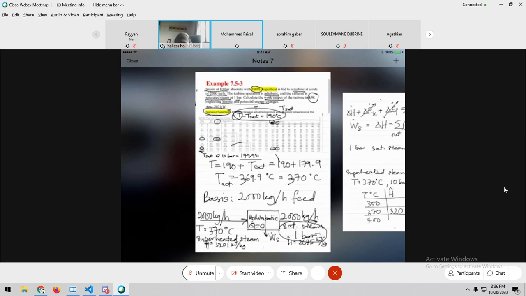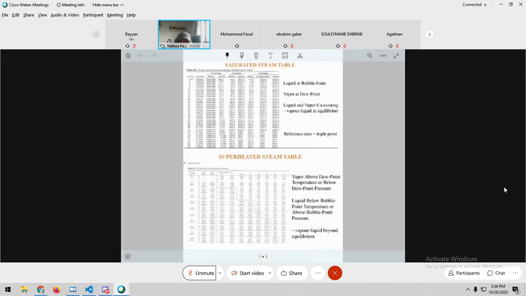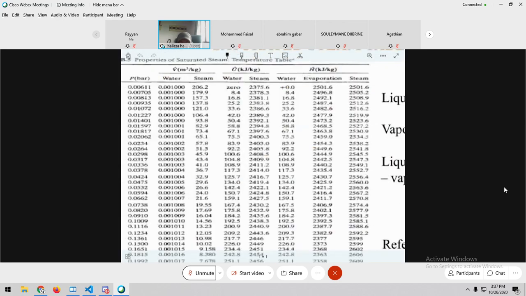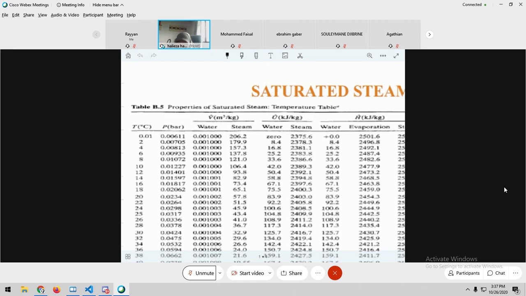So if you look at the steam table, I go back to a steam table. Let's zoom in. This is saturated steam, B5. Where is enthalpy? When is it 0? Where is the pressure? That's the pressure. Where is the temperature?